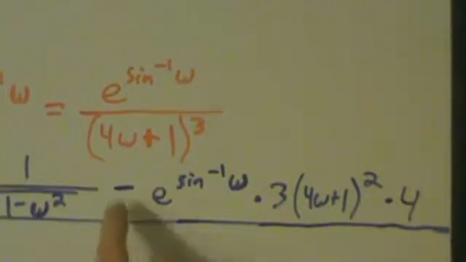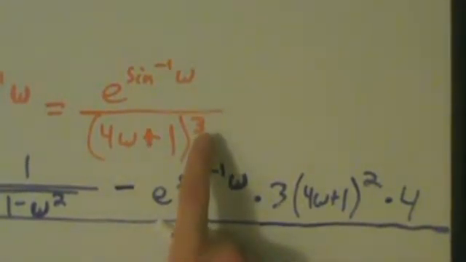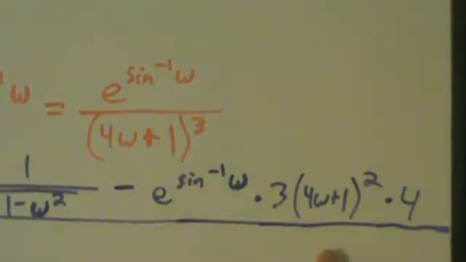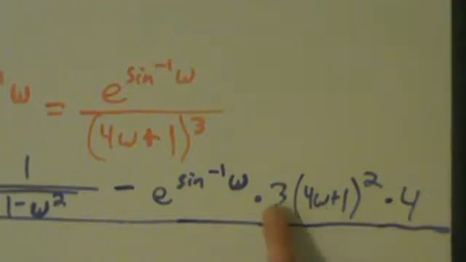In this case, on the bottom, the little guy is 4w plus 1, and the big guy is cubing things. The derivative of w cubed is 3w squared, but the chain rule says evaluate the derivative of the big guy at the little guy. So we have 3 times the little guy squared, and then multiply by the derivative of the little guy.